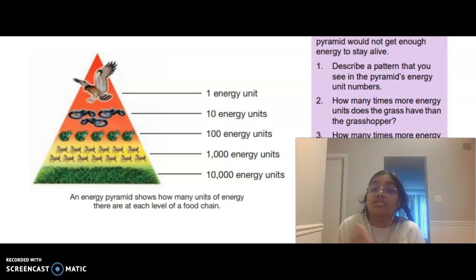So when all of these processes happen, it eventually leads to a loss of energy. For example, if we were to eat chicken meat, right? Now, they would also excrete a majority of the food that they did not digest, right? They did not use for energy. So it would be excreted out.